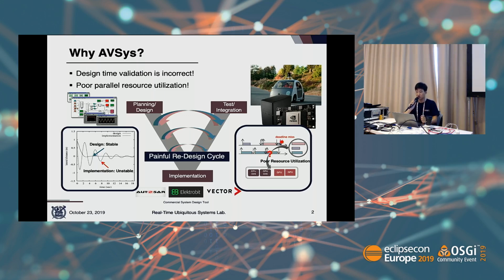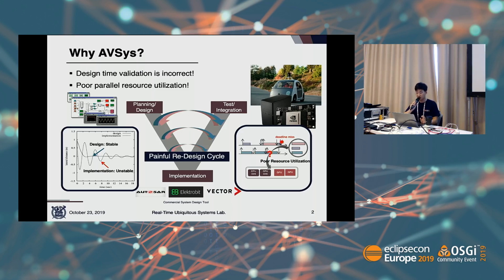The autonomous vehicle system has to be a real-time system. What is a real-time system? It means we need to ensure the deadline. Obviously, if the vehicle does not activate the brake within a certain time, the car could crash.